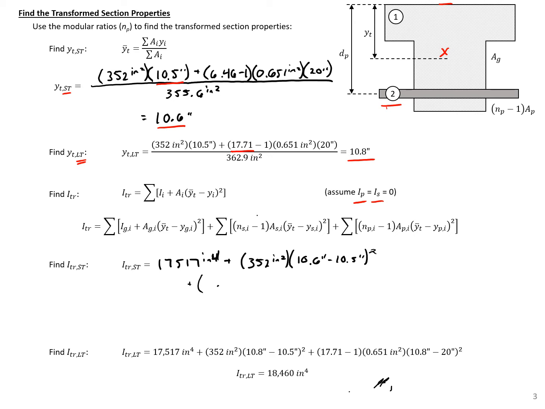We'll have 6.46 minus 1 times 0.651 square inches times our D squared component here, 10.6 minus 20 inches squared, which will give us a short-term transformed moment of inertia equal to 17,831 inches to the fourth. We can do the same thing then for our long-term properties, and get an I transform long-term of 18,460.